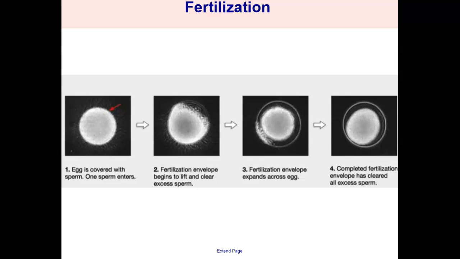Sometimes it can present itself as a real pregnancy. The woman will get symptoms of a real pregnancy, but it will eventually just grow into a mass of cells that is almost like a cancerous tumor, which we don't want to happen. So to prevent this, we want to use that fertilization envelope, which flicks off all the other sperm around the egg so that only one sperm can access the egg's nucleus and fuse with it.